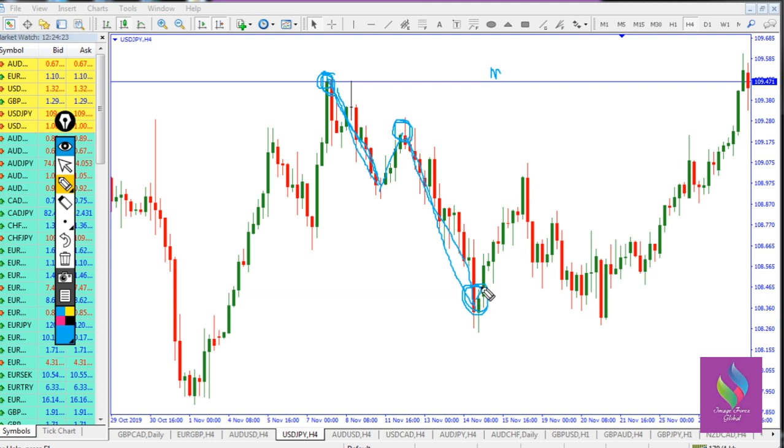Okay, and look at the pullback. Almost about 70% of the last move he did, he used it to rest. What does this imply?